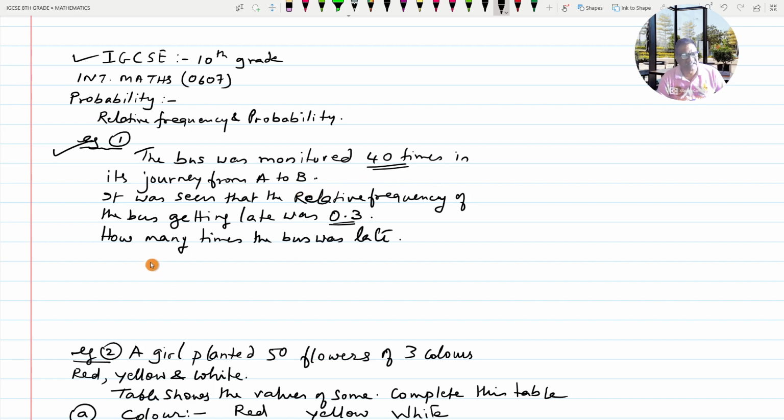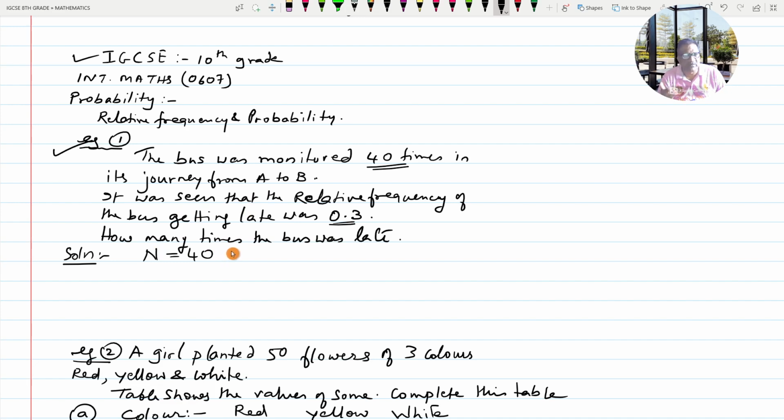So we can say that n, the number of trials, is equal to 40. Or you can say the number of times the survey was conducted is your n, so that is 40. Now this is the solution that I'm doing. So 40 times is your n. In these 40 times, many a time the bus must have reached well in time, and many a time it must have been late.